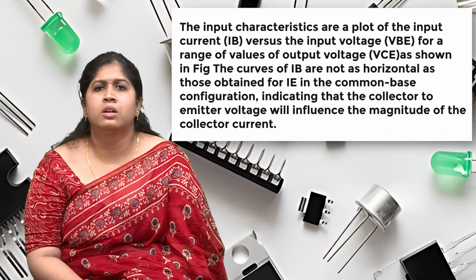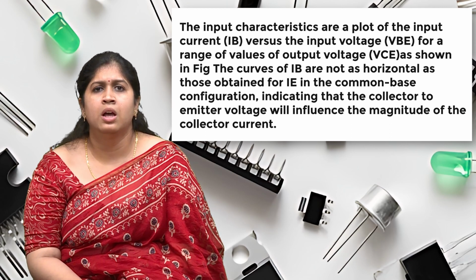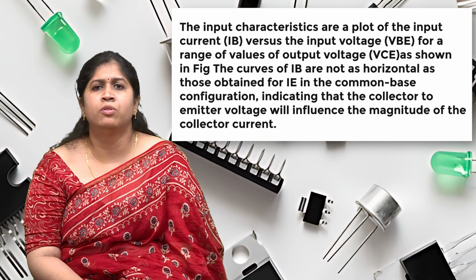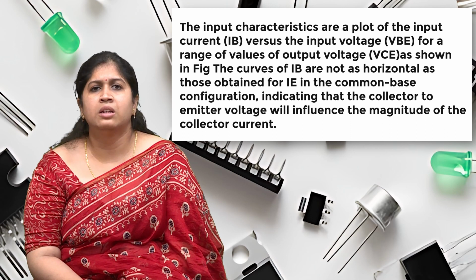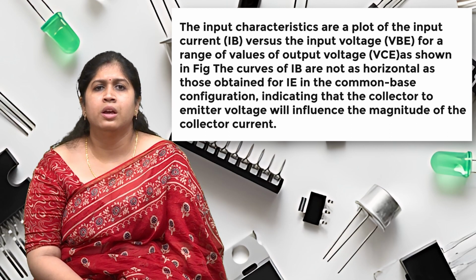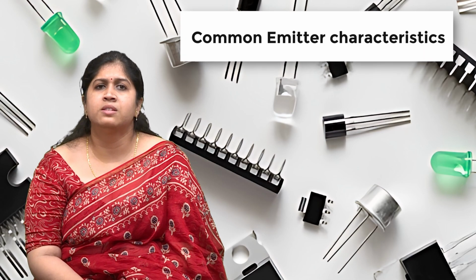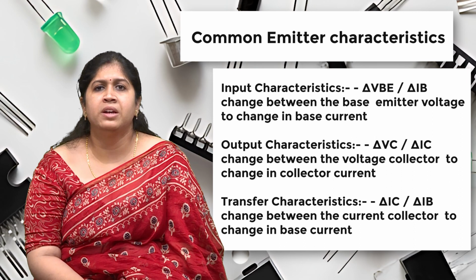The curves of IB are not as horizontal as those obtained for IE in the common base configuration, indicating that the collector to emitter voltage will influence the magnitude of the collector current. Common emitter input characteristics present the change in base current for a change in base emitter voltage.